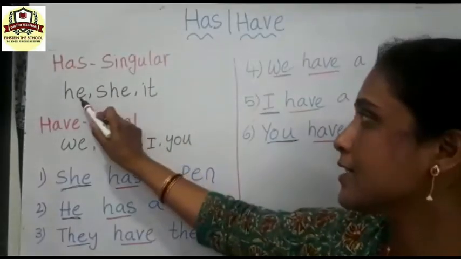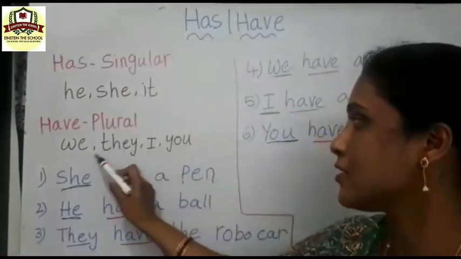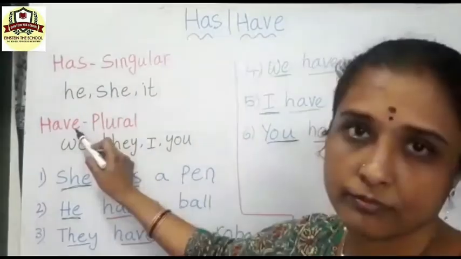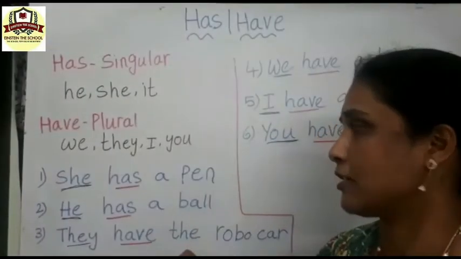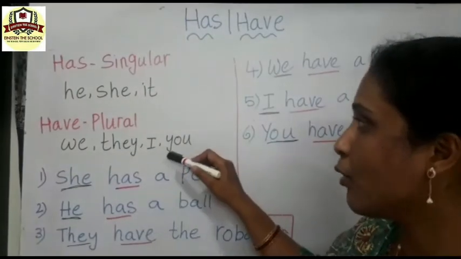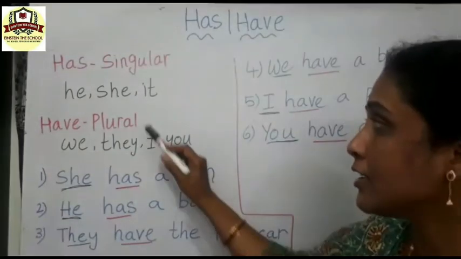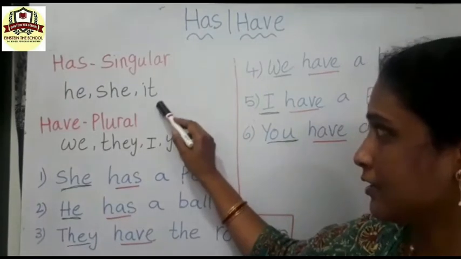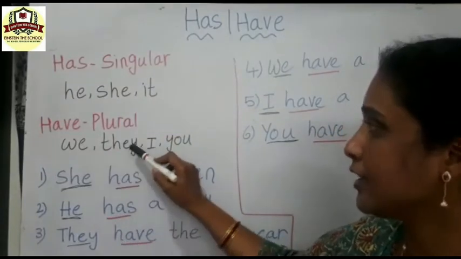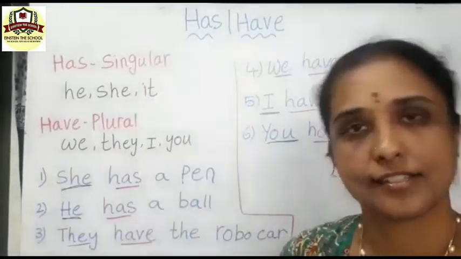Just simply keep this in your mind. Other rest, if I say more also about this, you will not understand at this age. For he, she, it we use has, and for we, they, I, you we use have. Children, practice this.